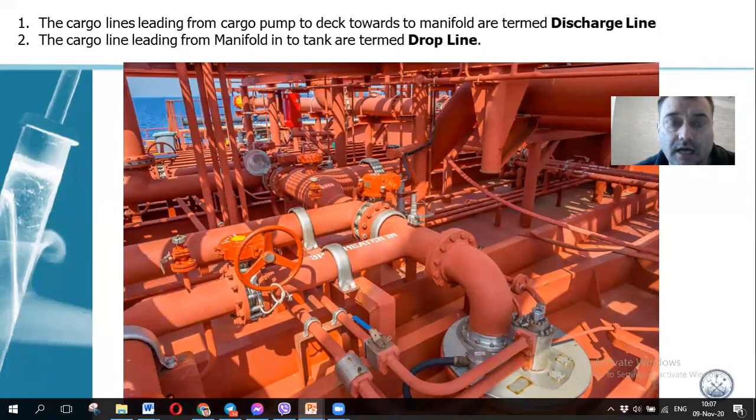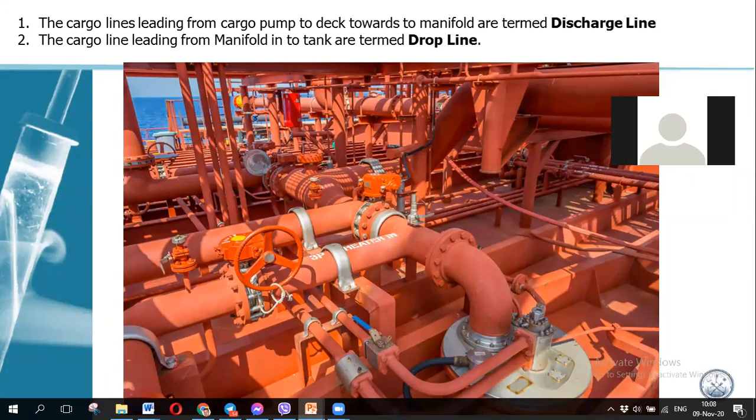Next, the cargo lines leading from the cargo pump to deck towards the manifold are termed discharge line. Be careful with this, please remember this, and that will be a question on your exam. And not only on your exam, if you work on board a cargo tanker vessel, you must clearly understand the cargo discharge line and cargo drop line.